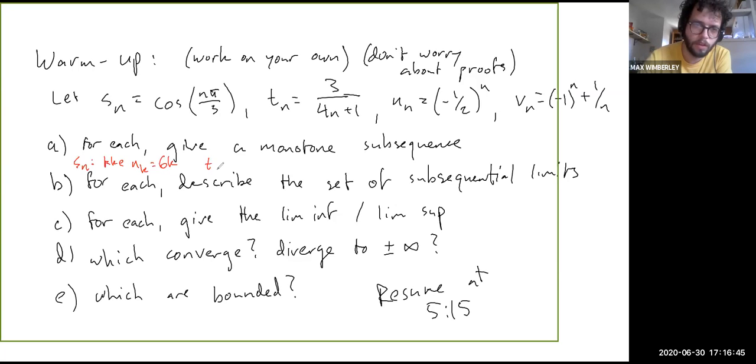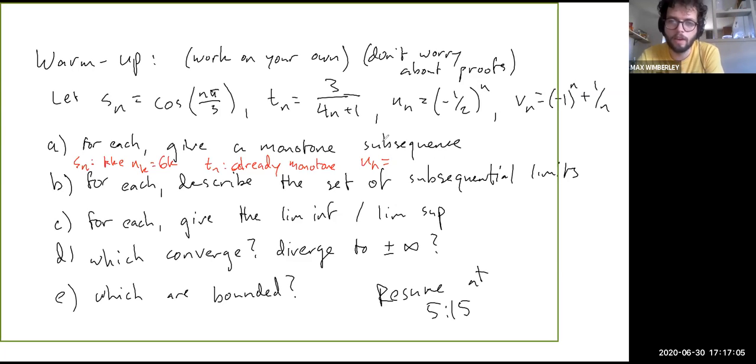For Tn, Tn is actually already monotone, so, right, it's decreasing. For Un, this is an alternating thing.